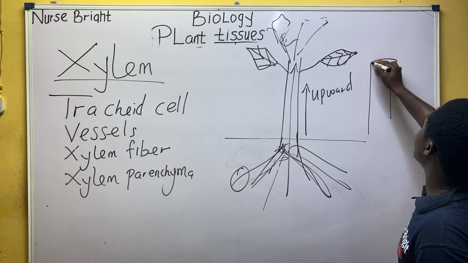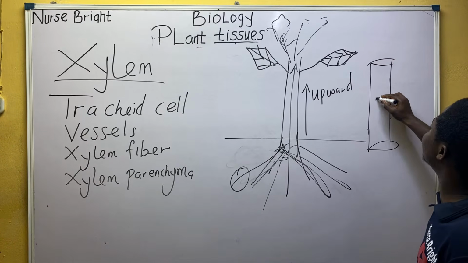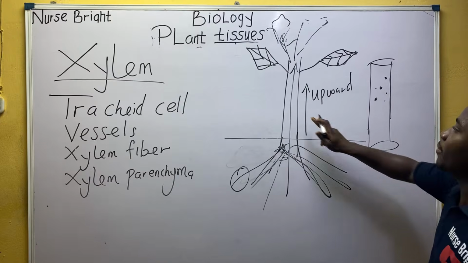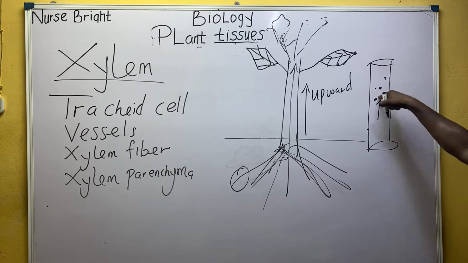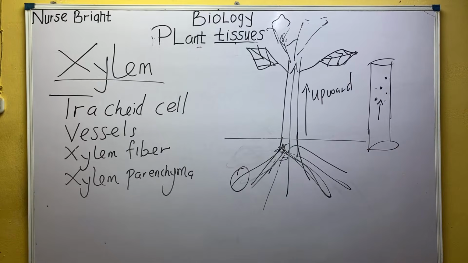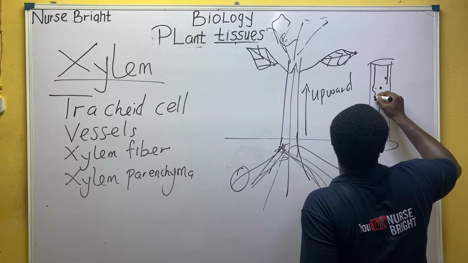The way food substances in this stem move is in one direction. So the xylem tissue will not be something like this.